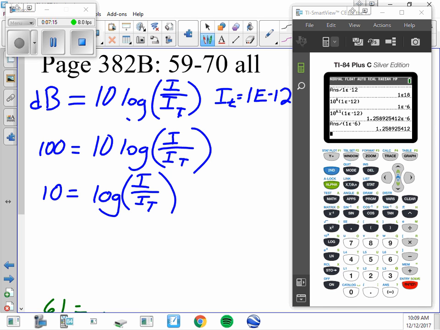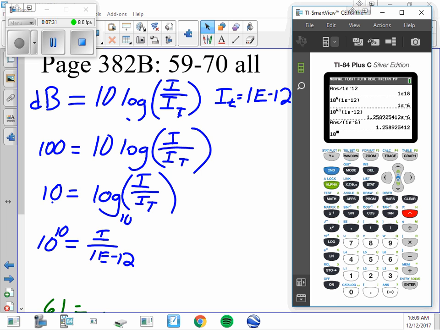Convert to exponents: 10 to the 10th equals I over 1e negative 12. And then I multiply. 10 raised to the 10th times 1e to the negative 12.